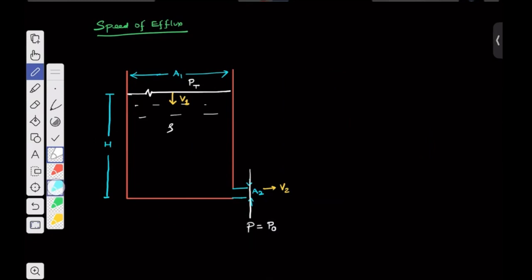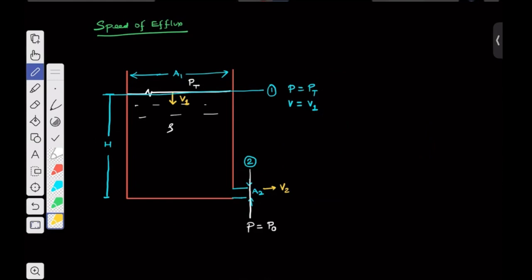To apply Bernoulli principle, we must select two cross sections first. The first cross section that I will select is the free surface, cross section 1. The next cross section is the cross section of the jet just outside the opening, cross section 2. At cross section 1 the pressure is PT and the velocity with which the fluid moves is V1.